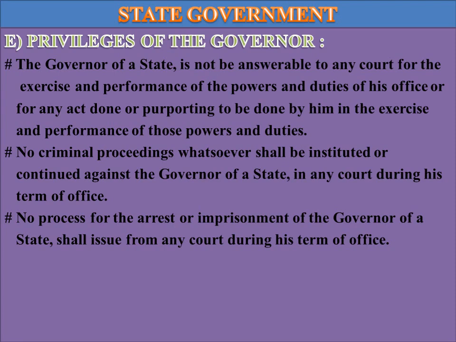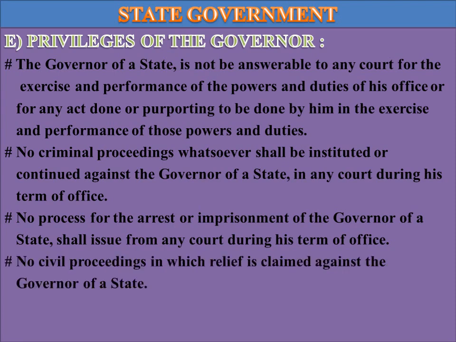The last privilege of the governor is, no civil proceedings in which relief is claimed against the governor of the state. This is the explanation of the governor of the states.